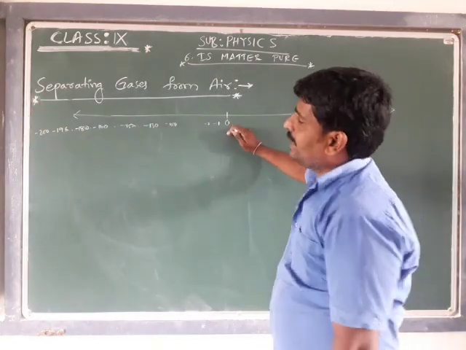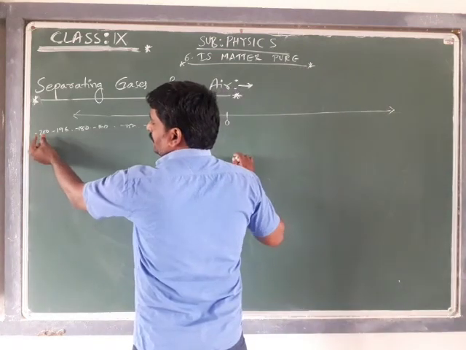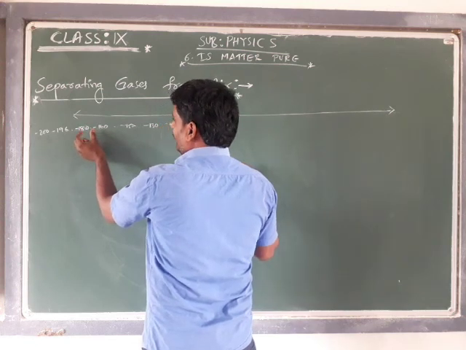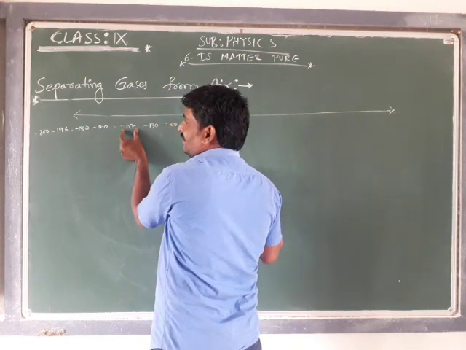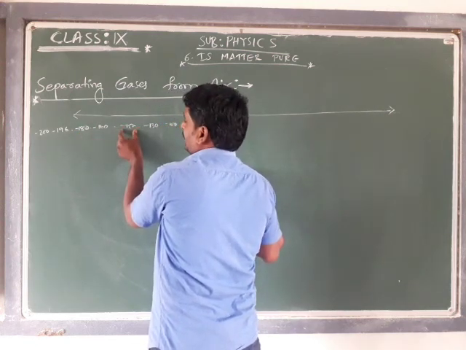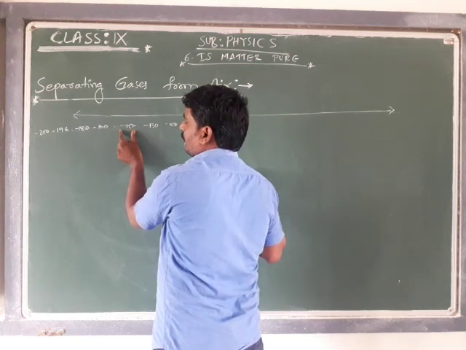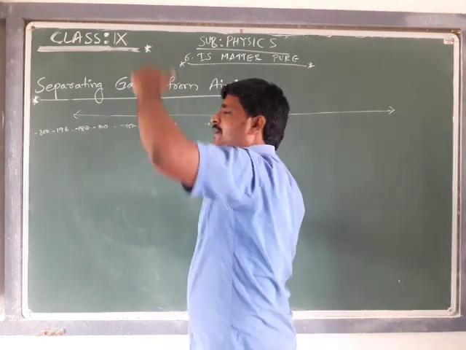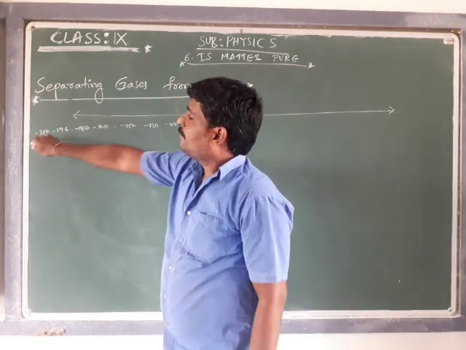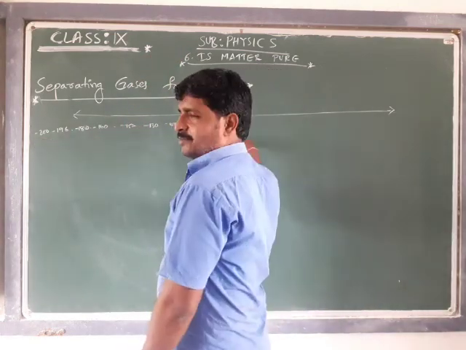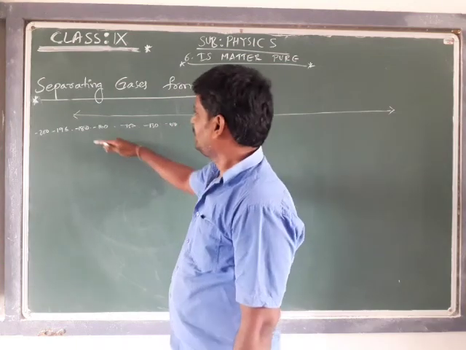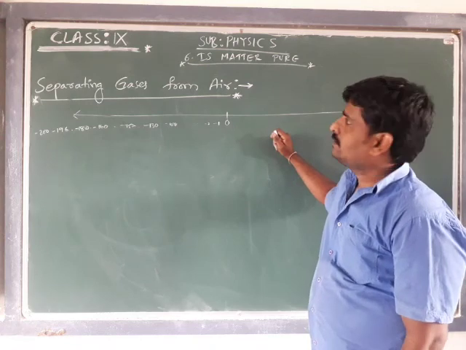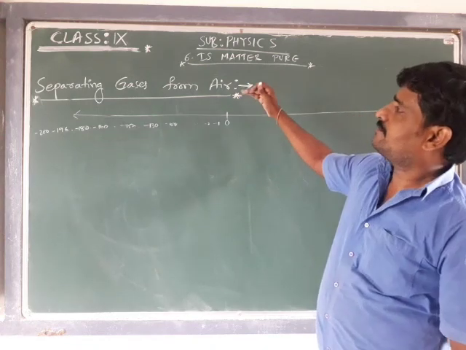Minus 200 is a lesser value than minus 180, and minus 180 is lesser than minus 150. That means minus 150 is a greater value than minus 200. We already know this from 6th class mathematics, and it will help us understand the separation of gases from air.